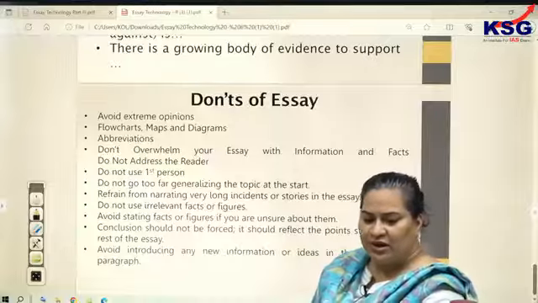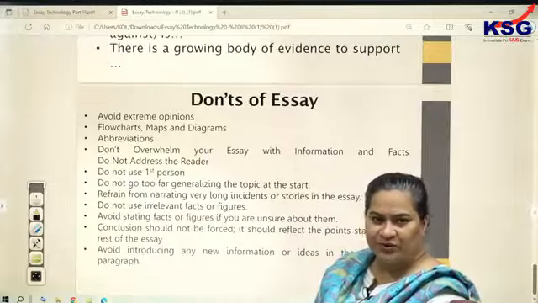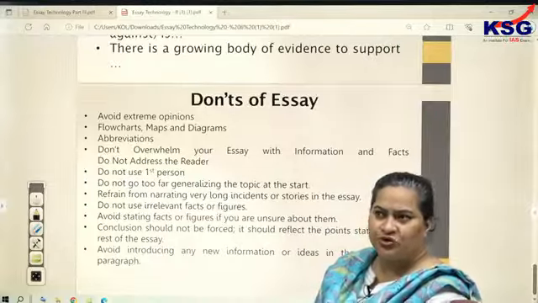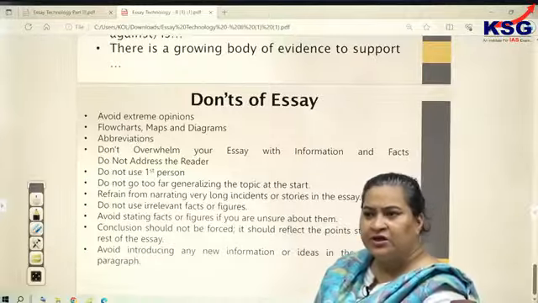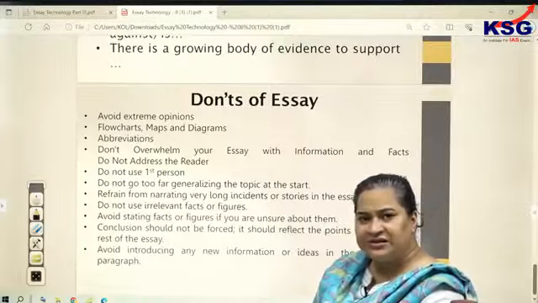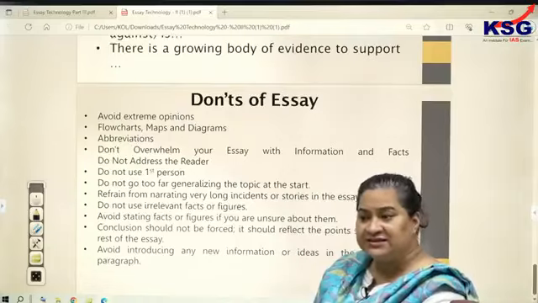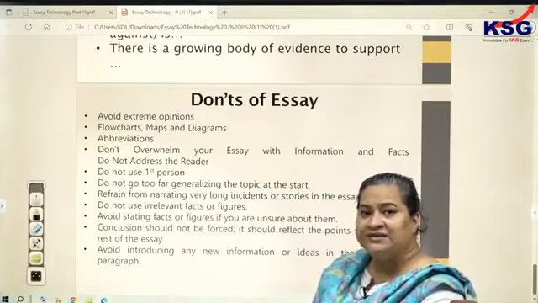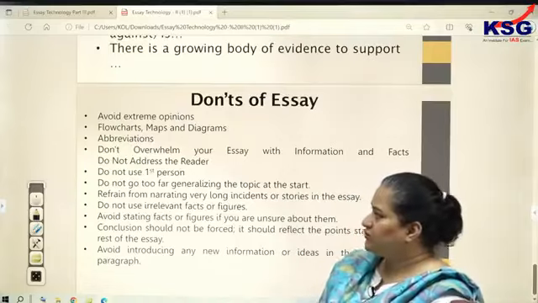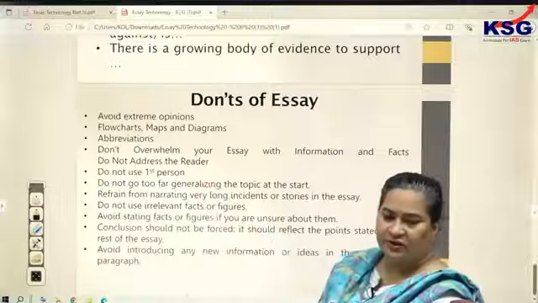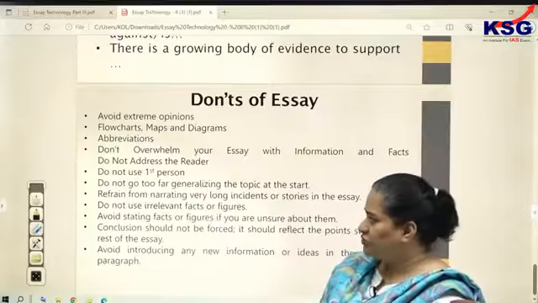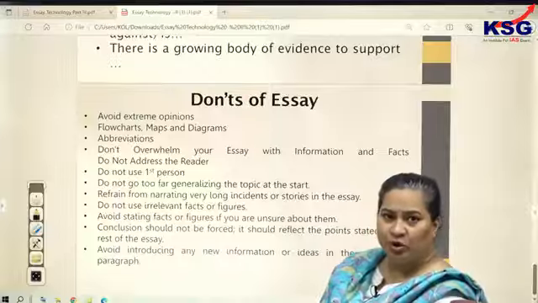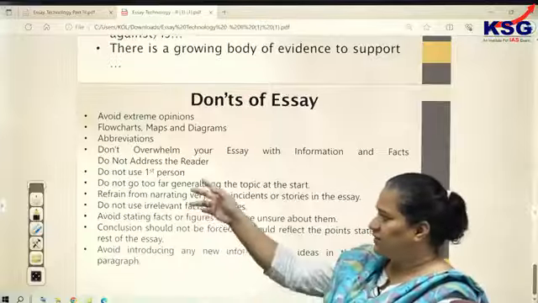In the system, it is not hero worshipping that is allowed. It is the teamwork that helps. So rather than writing according to I, according to me, it is advisable to write as it can be said, as it has been observed, as it can be suggested. So do not use first person, not at all. Just write something like as it can be observed, as it can be said.